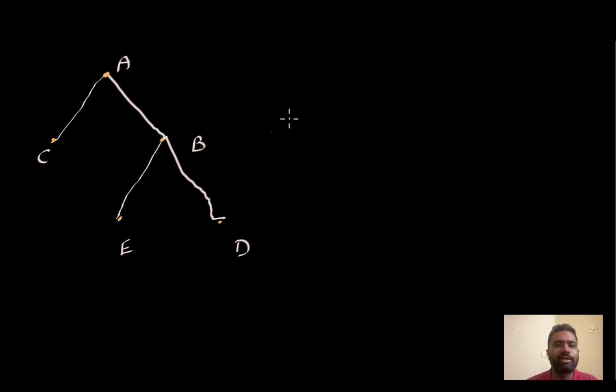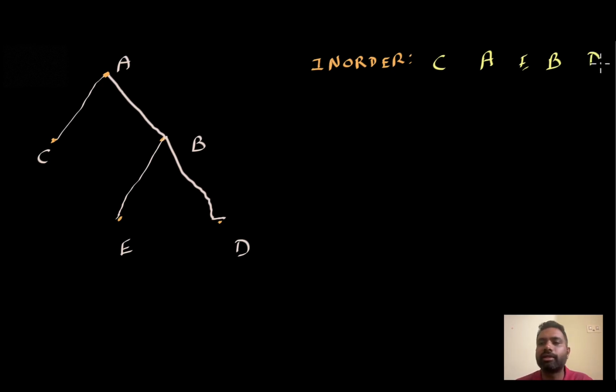What will be the Inorder traversal of this tree? First it will explore the left child, so C, then it will explore root, so A, then it will go for the right child, in that it will go left, so E, then the root of the right subtree, that is B, and then D. So this will be the sequence of Inorder.